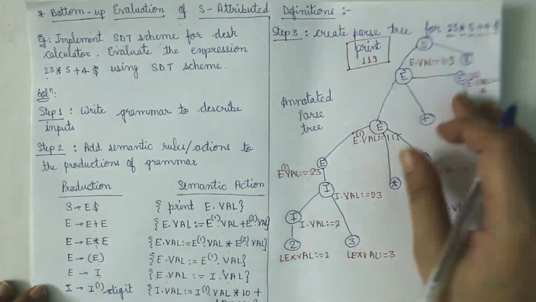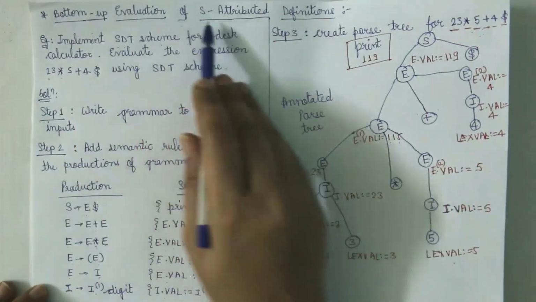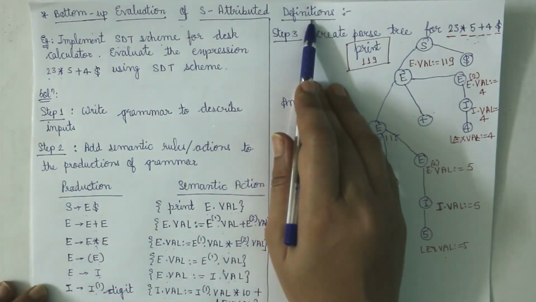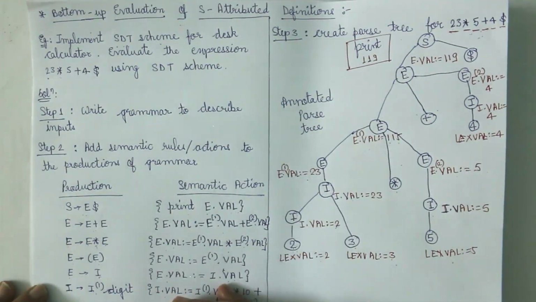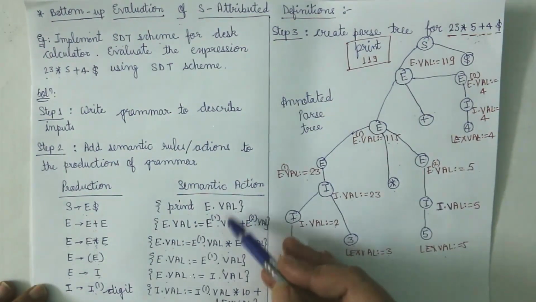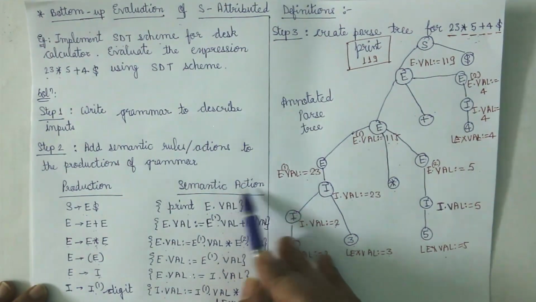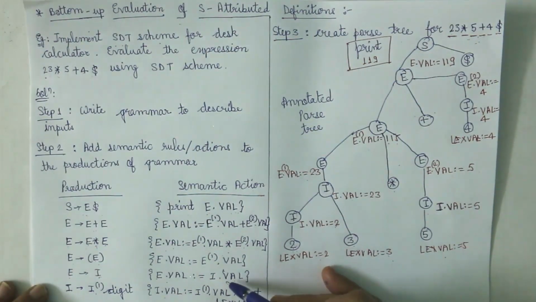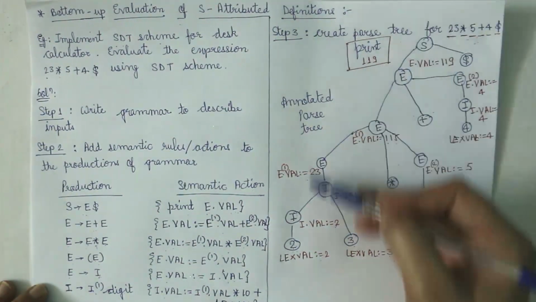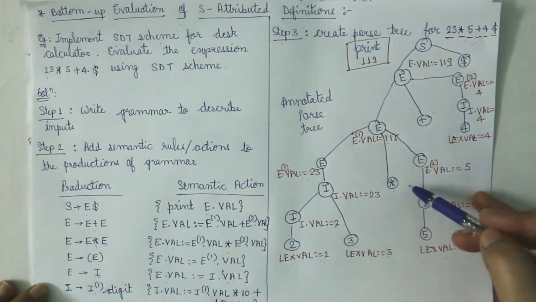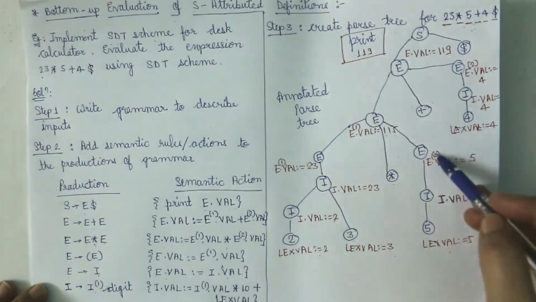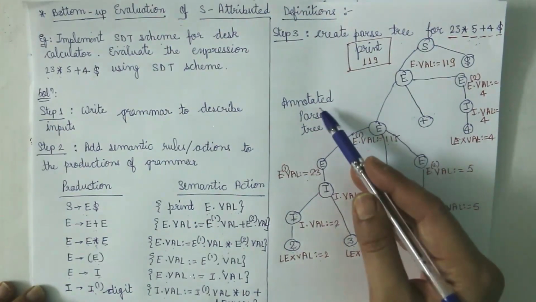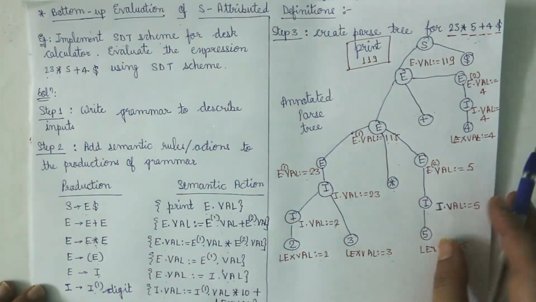Let us summarize what we have seen so far. To perform bottom-up evaluation of S-attributed definitions, first we need to write the grammar to describe the inputs, after which we write the corresponding semantic actions, with the help of which we will be creating the parse tree. When the parse tree has attributes and values associated with them, it is called an annotated parse tree.